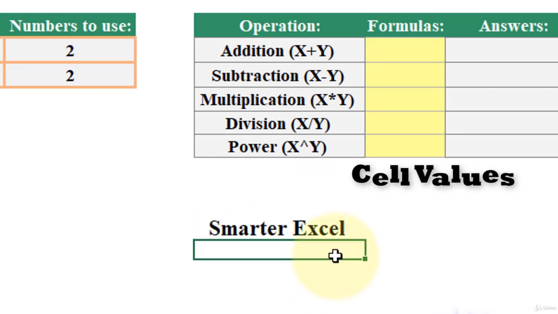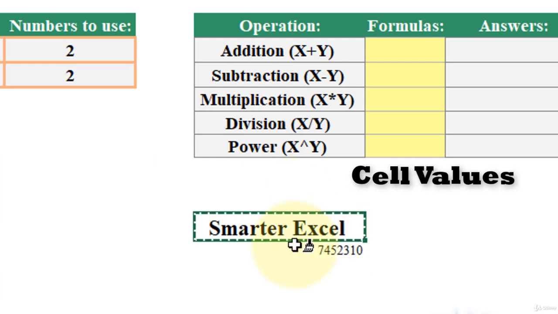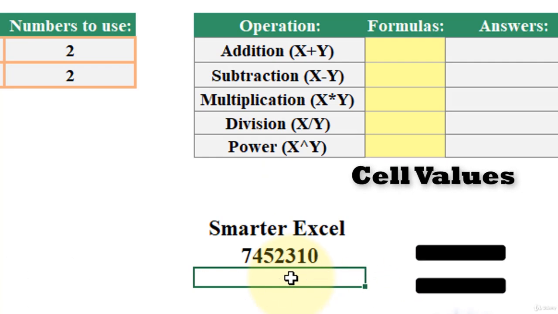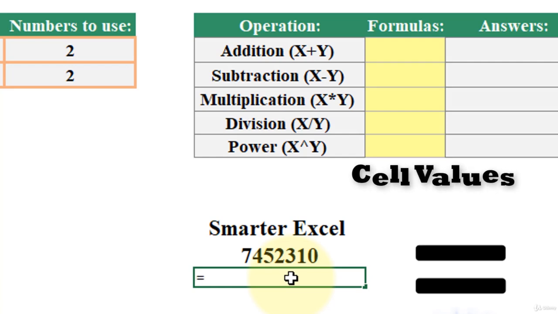Also, you can write just numbers: 7, 4, 5, 2, 3, 10, whatever. This is a number. Also, you can write a formula. But if you want to write a formula, first write an equal sign and then write whatever formula you want.